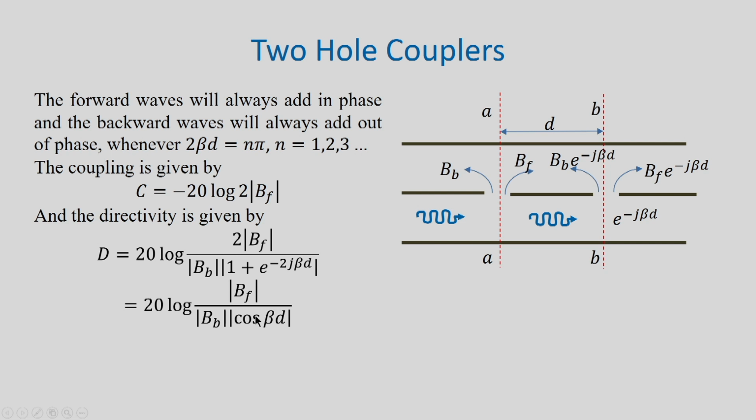This term 1 plus e to the power minus 2 j beta d can be written as cos beta d. Therefore, D becomes 20 log mod B_f divided by mod B_B mod of cos beta d.